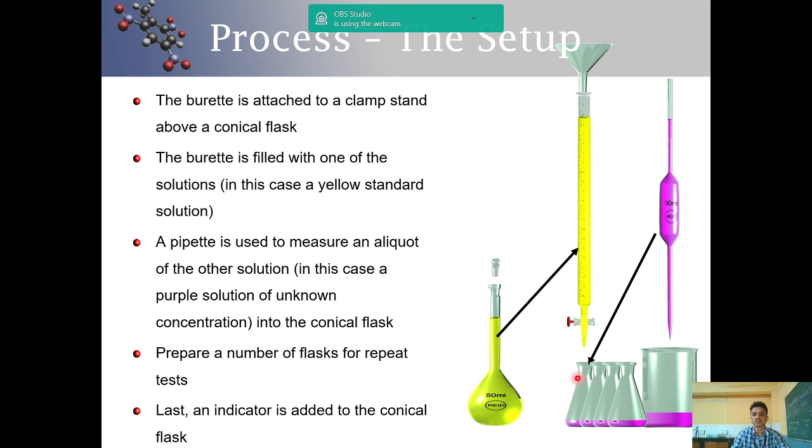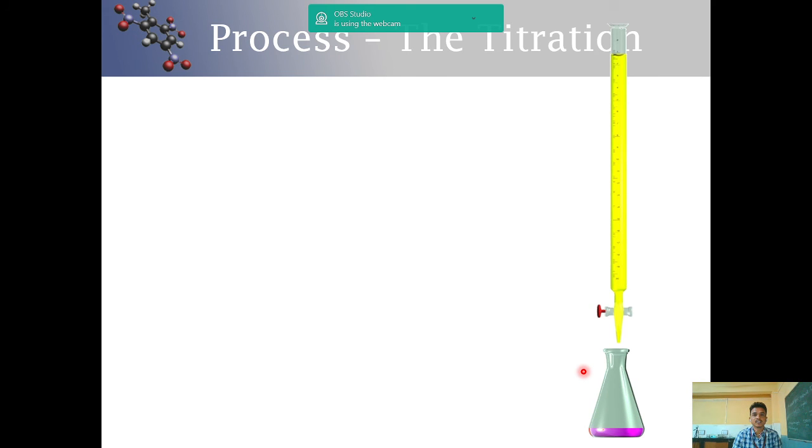This is the stock solution, and this is the sample solution. You have to add 1 or 2 drops of indicator solution into this conical flask. Okay, so this is the exact setup of this volumetric analysis which you have to perform in the laboratory.